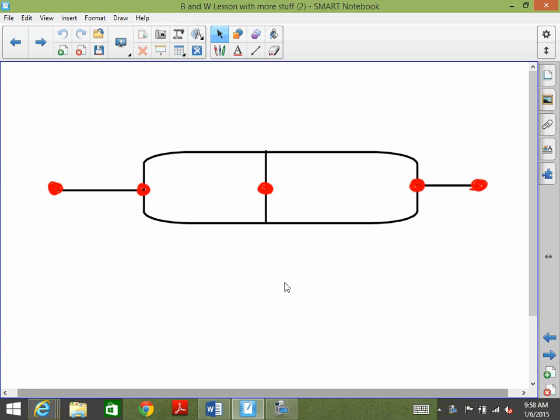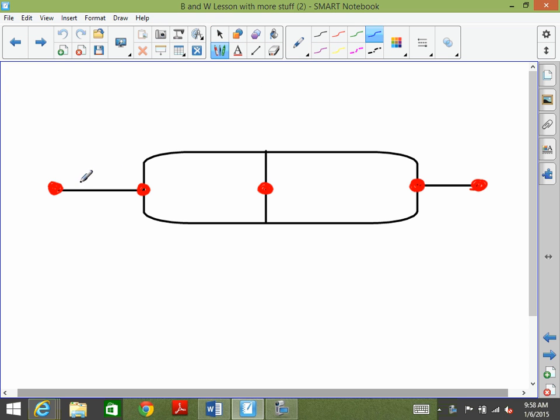Okay. Each piece represents 25% of the data, because if the box and whisker plot is completely all together 100%, and we break it apart into 4 sections, what's 100 divided by 4? 25%. So a box and whisker tells us how our data is spread, and each piece of the box and whisker represents 25%.